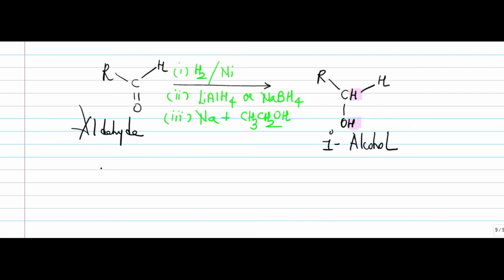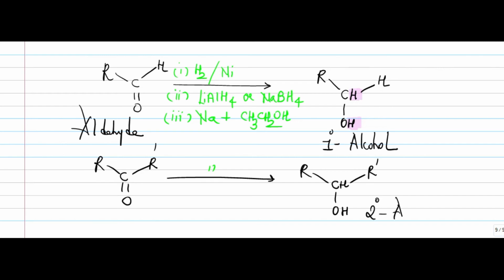If you take up a ketone in the same way and perform a similar reaction, then you end up getting a secondary alcohol. So this is a primary alcohol and this here is a secondary alcohol. So these are the general reactions by which reduction of aldehydes and ketones could be done.